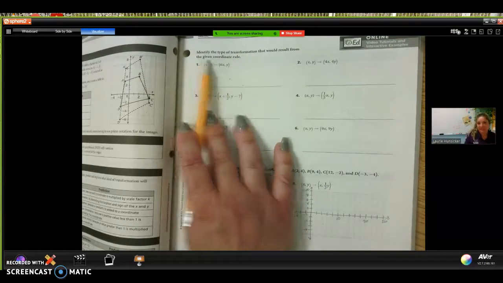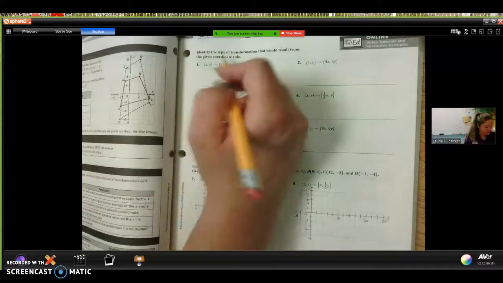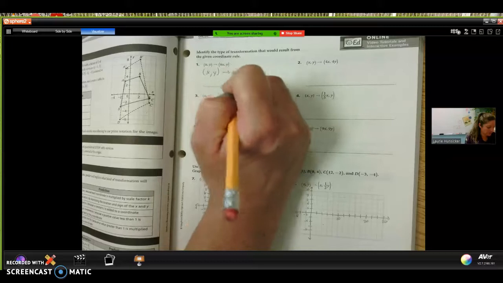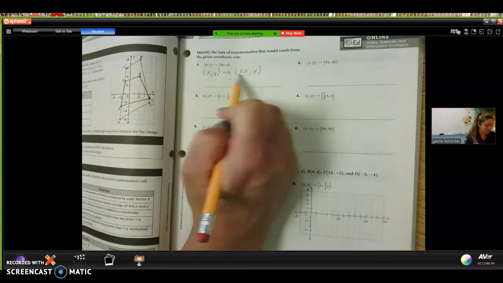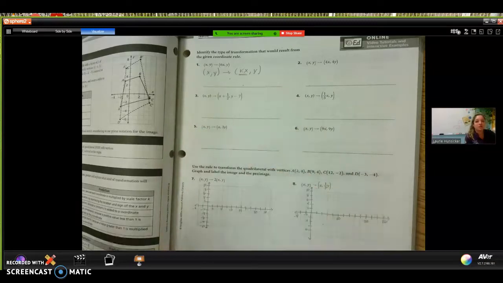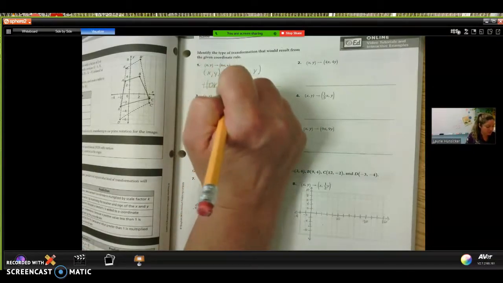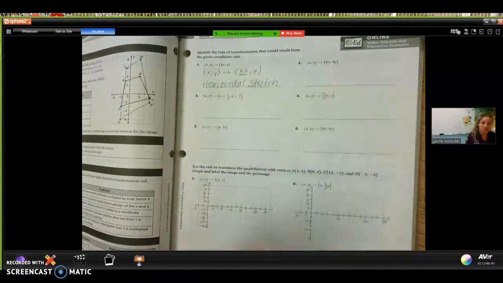So first of all, you're identifying the transformation. If you look at your transformation table, one of them says that (x, y) goes to (kx, y). When you go to identify this, you're going to find it on your chart, which looks to me like a horizontal stretch.